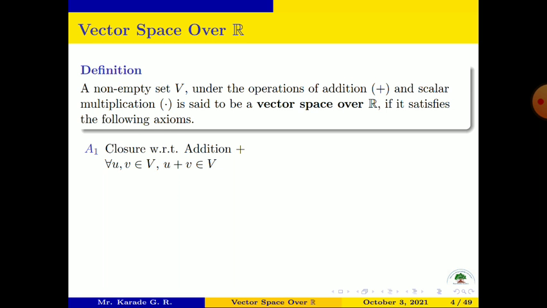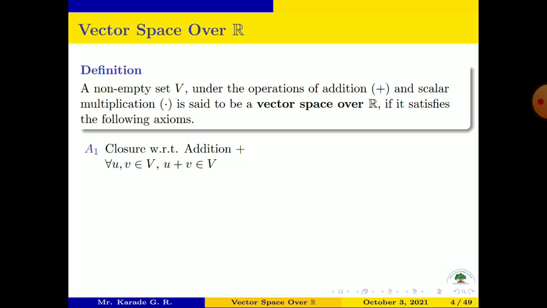For all u, v belongs to V, u plus v belongs to V. This condition means take any two vectors in V, then their addition u plus v again belongs to V. That is called the closure property, or closure with respect to addition. So the non-empty set V with these two operations must satisfy this condition.